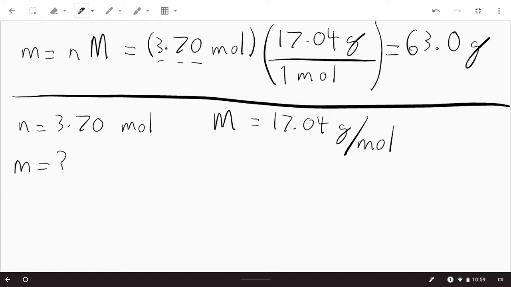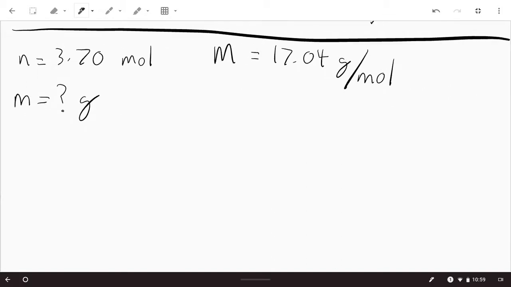We're looking for an unknown number of grams. But it is more important to write that unknown out when you are doing unit canceling, because that unit of grams is going to be what guides us here. We know that we want a final answer in grams.